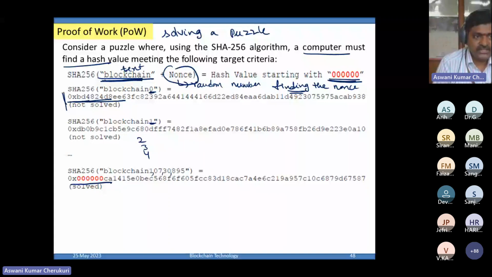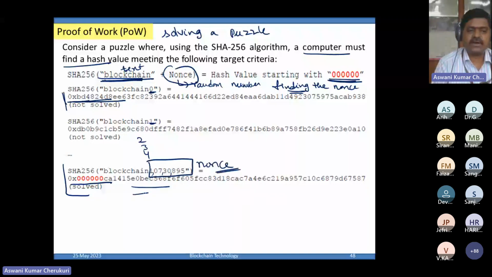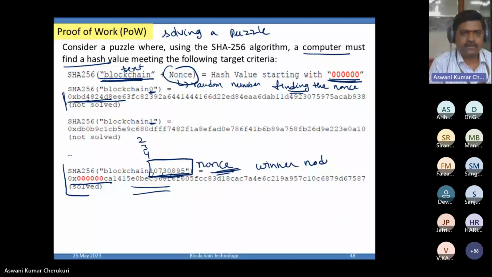So whoever is the winning node is the node that identifies the nonce that gives this particular value. The node that finds this nonce value is the winner node, and that particular node's block is added to the chain.